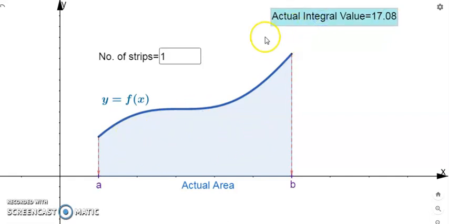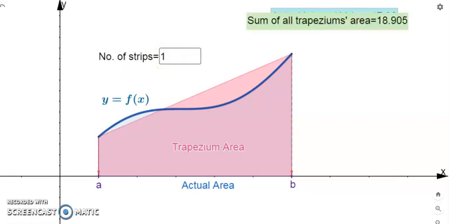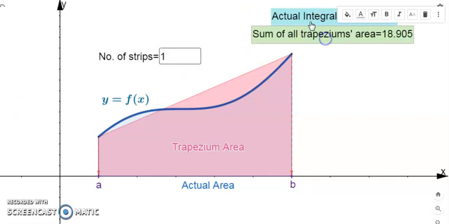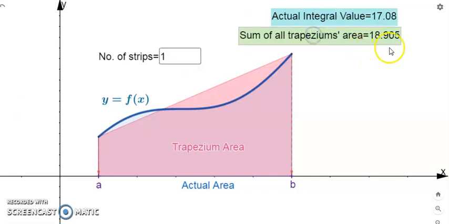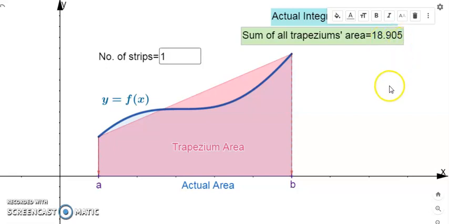And when I apply the trapezoidal rule, let's say now back to one strip, what will be the area of this trapezium? I find that the area is 18.905 to 3 decimal places.